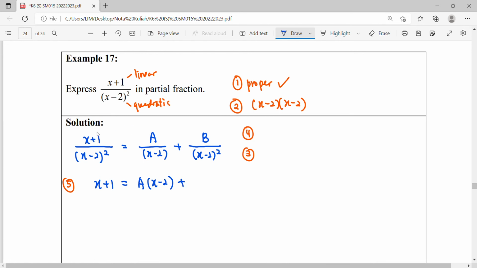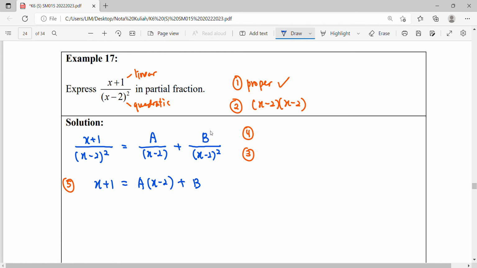For B, we have nothing to multiply because its denominator is originally the same as the original fraction. So the numerator part will be x + 1 equals A times (x - 2) plus B only.